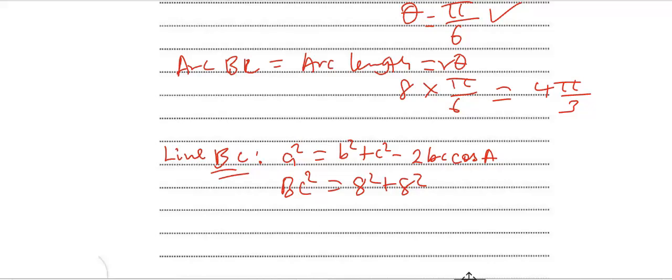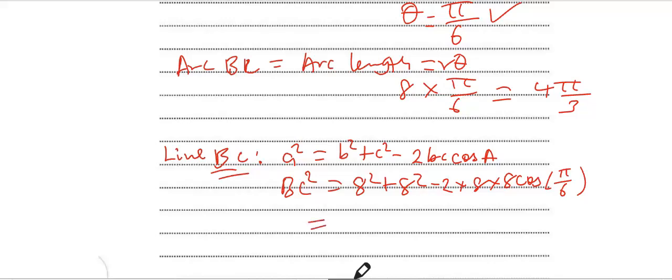Now we have minus 2bc cosine of A. So that becomes minus 2 times 8 times 8 again, because both b and c are 8, then cosine of A. In this case our theta is A, which is pi over 6. What is left is simply algebraic. You simply plug this in your calculator and then summarize.